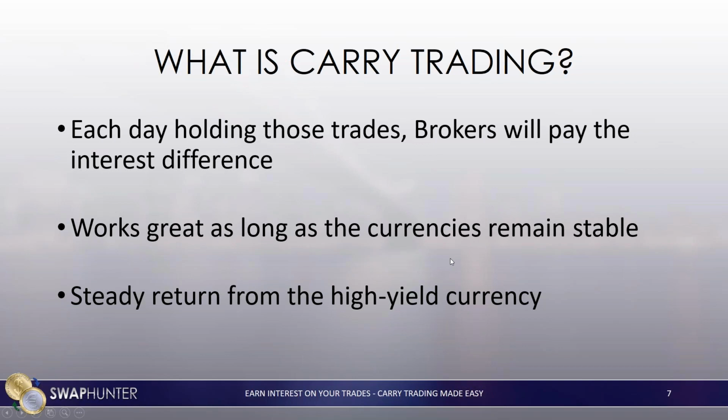As long as things remain stable, a one-way carry trade can do very well for you. Turkish lira, Mexican peso, Singapore dollar, Aussie dollar, Kiwi. Basically, the idea is that you're looking for steady returns from the high yielding, high interest rate currency that's available on the markets.